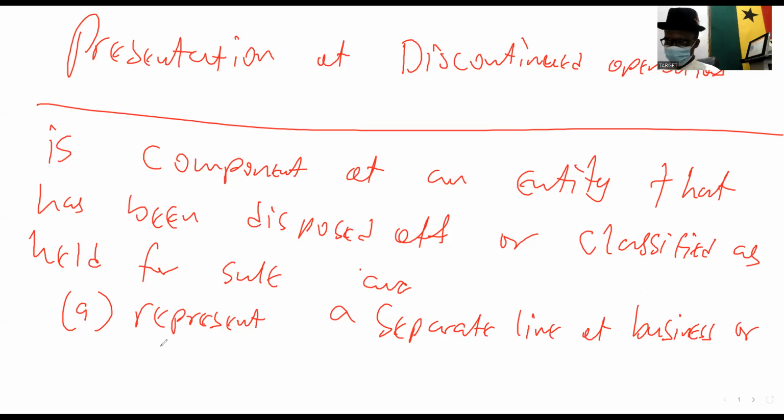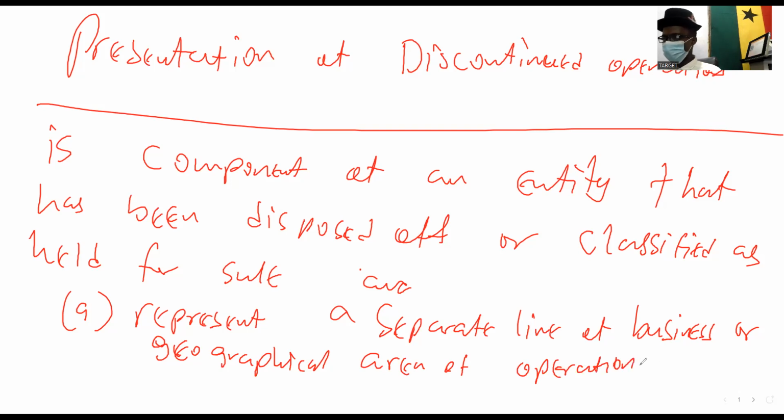For example, the London office or the Southern division, provided that they operate on their own.